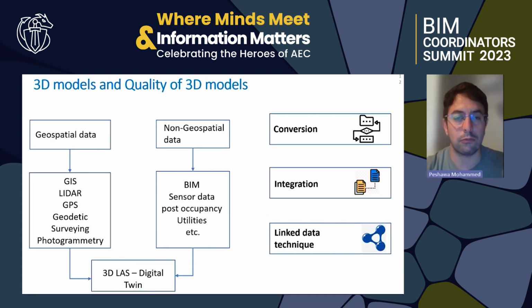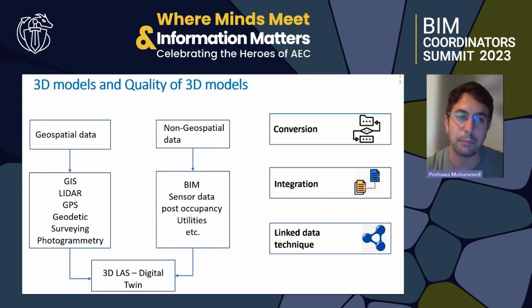So in general, we can say that we can divide data between geospatial data, which is data from GIS or maybe LIDAR, GPS, or maybe geospatial surveying or photogrammetry, and we have non-geospatial data. This includes BIM, if it is not georeferenced, of course, sensor data and post-occupancy data, utilities.